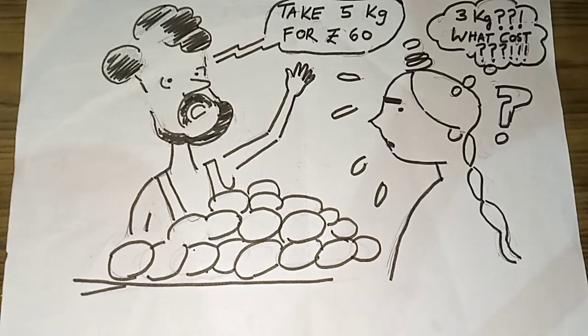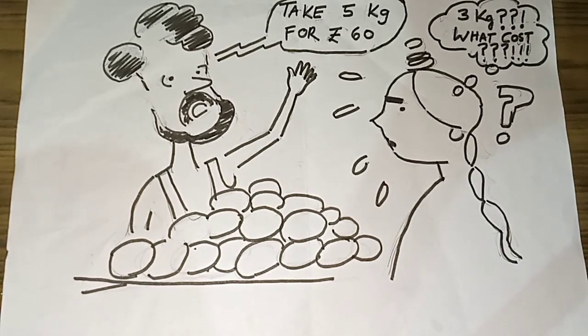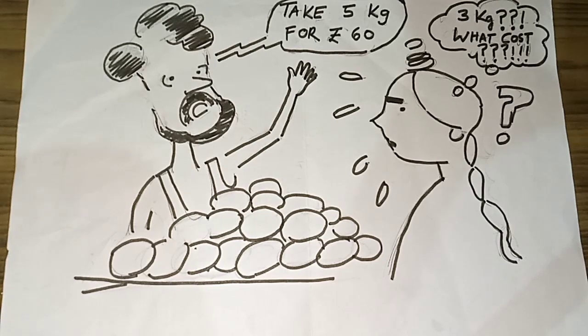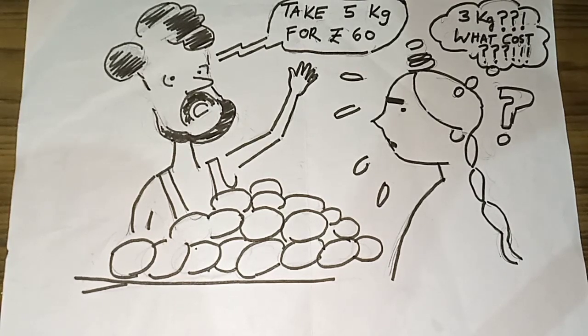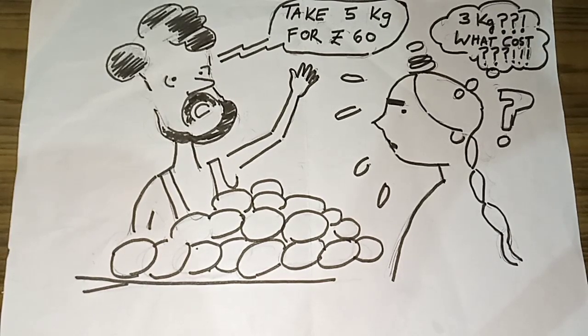At present on this channel of YouTube, we are running a series on the unitary method. In the previous video, we were using this cartoon where the vegetable vendor was shouting 5 kg for rupees 60, and the girl in this cartoon could not calculate the price of 3 kg vegetables.